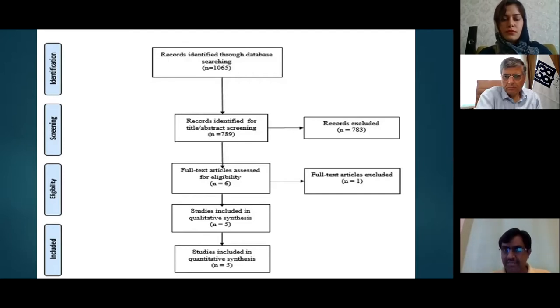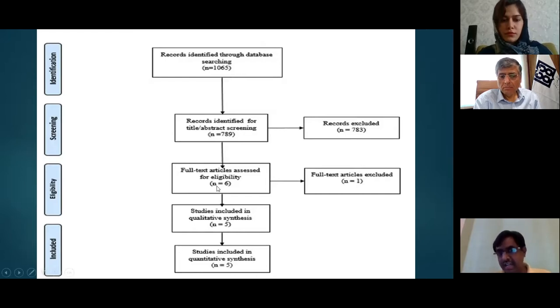Then the next step is, after screening the title and abstract, we included only 789. After that title and abstract screening, the next level of assessment goes to full text. So once you go to full text, it will be a little bit lesser.